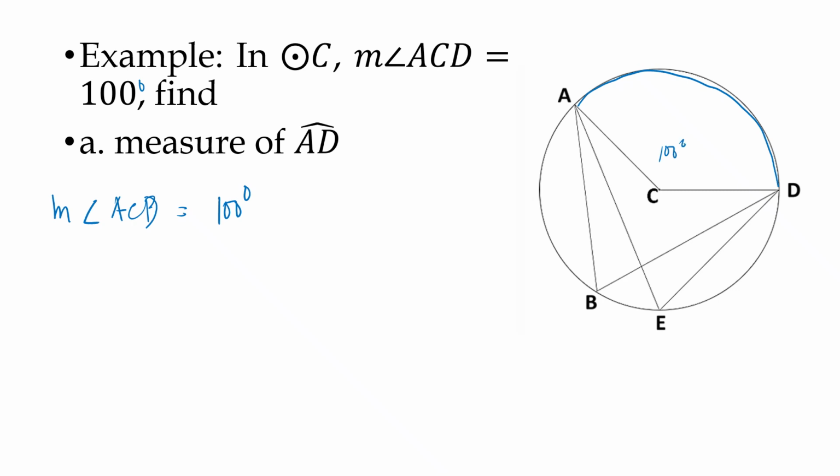So therefore, they are just the same. The measure of arc AD is also 100 degrees because angle ACD is a central angle. So that's it.